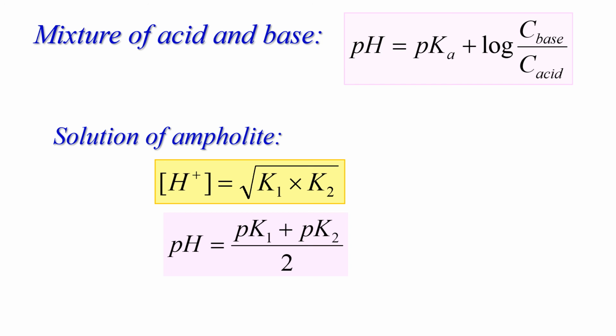So this will be the more acidic, this will be the more basic constant. Of course, if you have an ampholyte coming from a polyprotic compound, you need to pick the proper pK1 and pK2 from the formula.